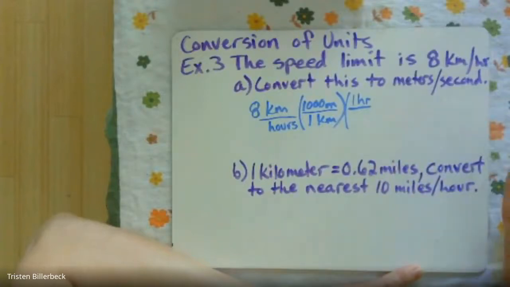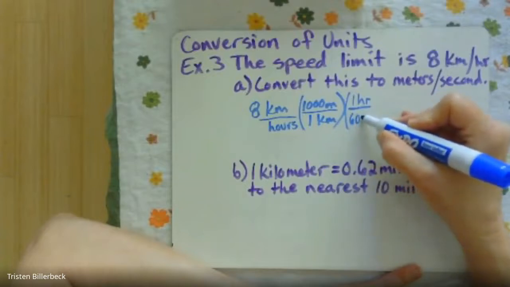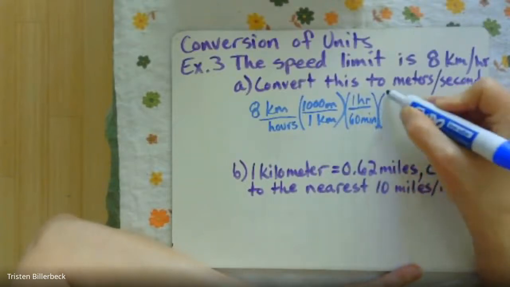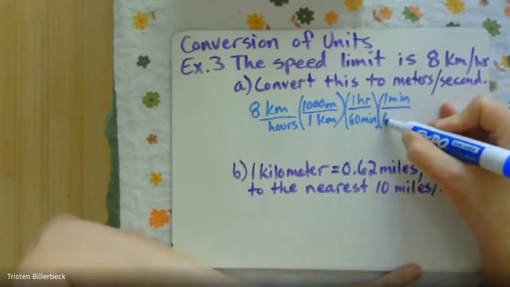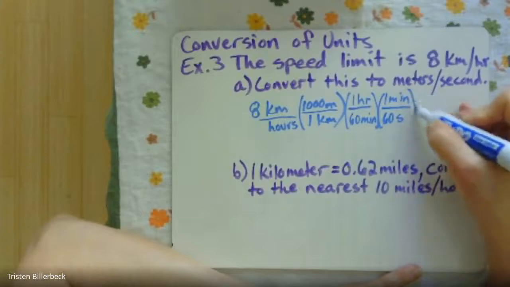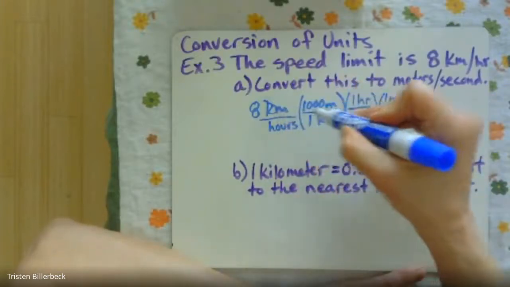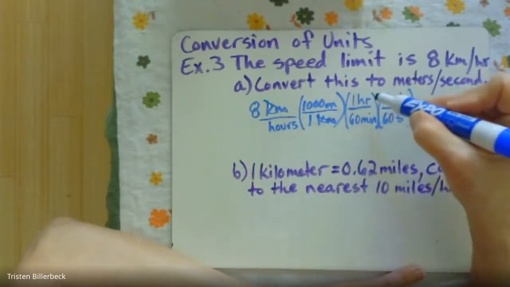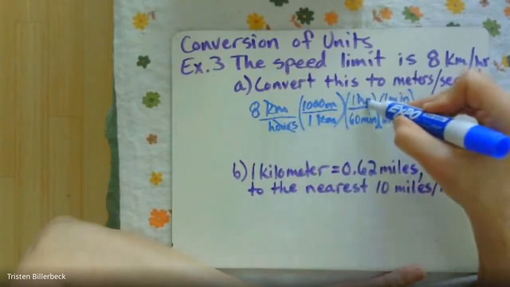Okay, so we have, well, let's do 60 minutes and then 1 minute over 60 seconds. Okay, so if we did a good job, we should be able to cross off our units like this.